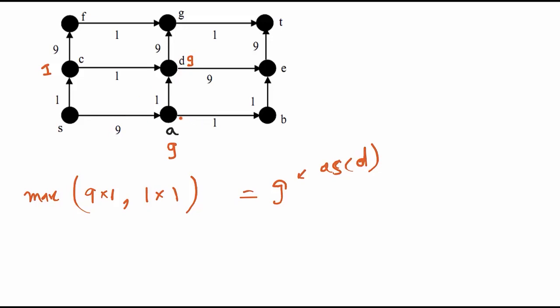Now, let's come to the quality score of B. Since there is only one path, the quality score of B is nothing but 9 into 1. I have nothing to compare it with because there is only one path. So the quality score of B is 9.